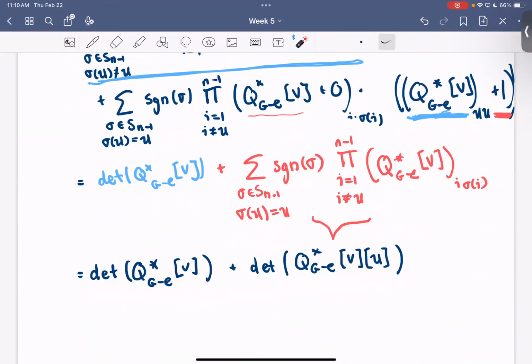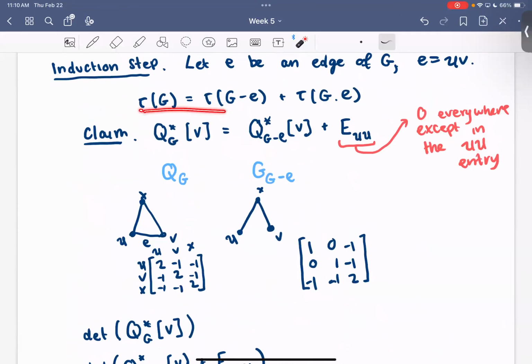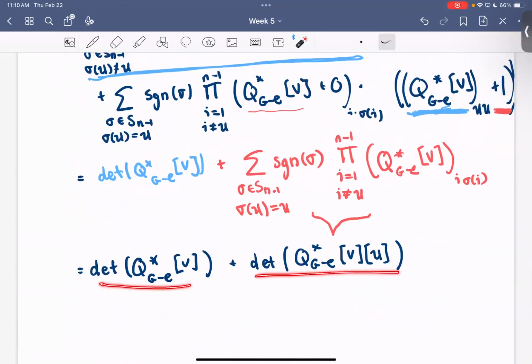Now what we want to do is use the induction hypothesis via this result to somehow relate these two determinants to a computation of how many spanning trees some graph has. So what do we have here?